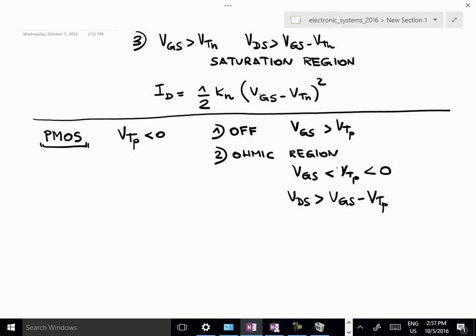Consider that VGS minus VTP by definition is smaller than 0. VDS is larger than that, but it is still smaller than 0.